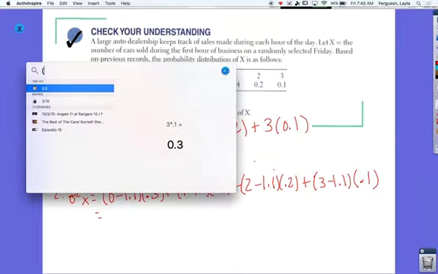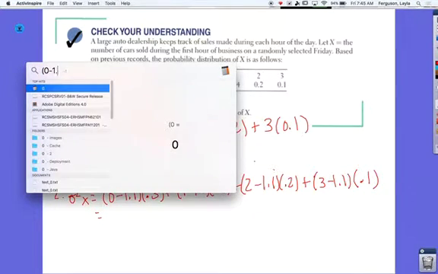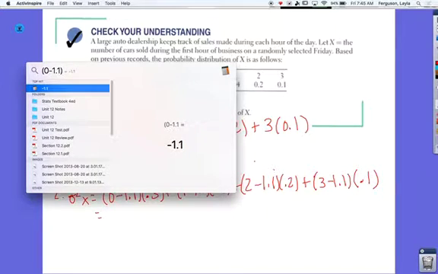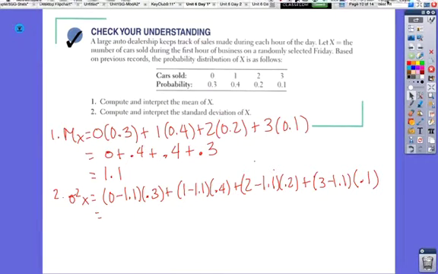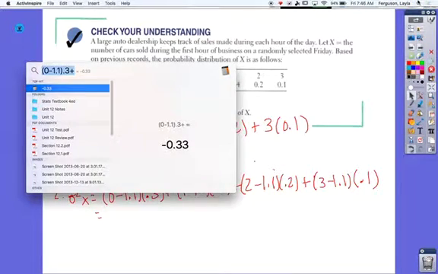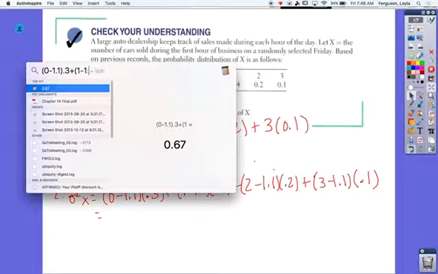So it would look like 0 minus 1.1 times 0.3 plus 1 minus 1.1 times 0.4 plus 2 minus 1.1 times 0.2 plus 3 minus 1.1 times 0.1.